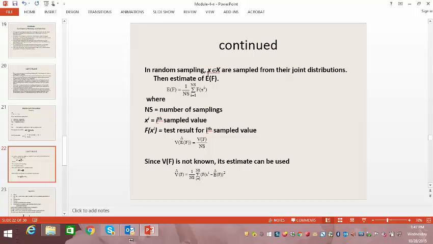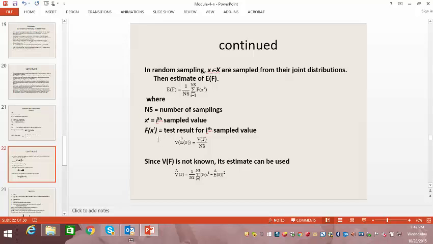The states x, elements of X, are sampled, and then the expected value of f is computed as follows: you pick up f(xi) for each sample, add them over all the samples, and divide by the number of samples. So this gives you the estimation of E(f). This is actually the estimation.